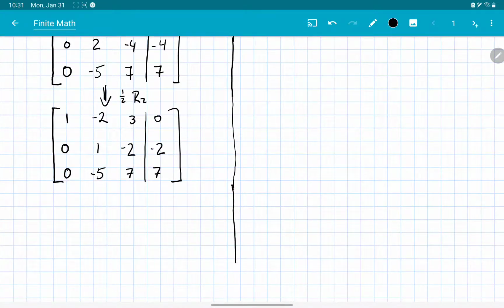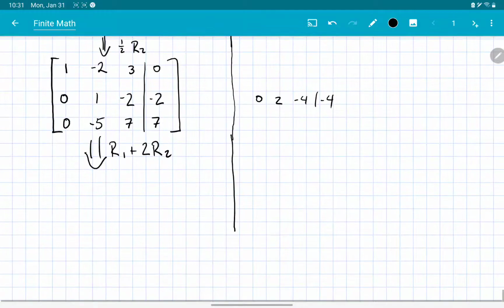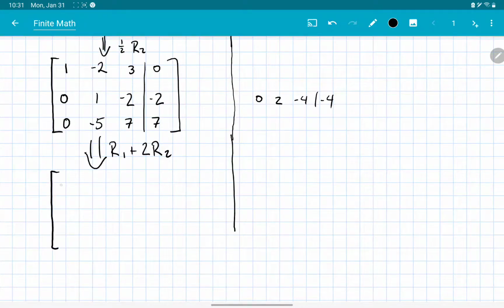That's not great. Okay, now I can eliminate the -2 and the -5 in the second column. So to do that, I'm going to take row 1 plus 2 times row 2. And I'm going to write 2 times row 2 over here. And here we go. 1, -2, 3, 0.